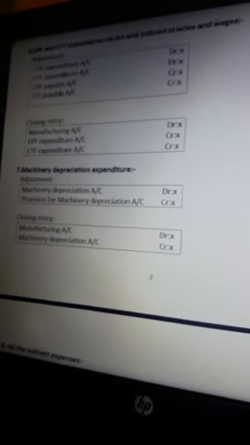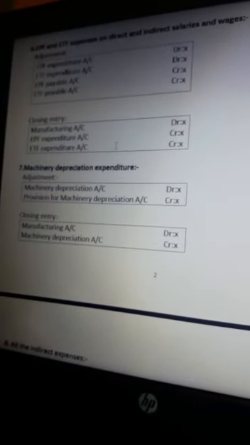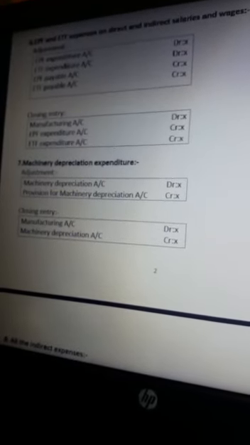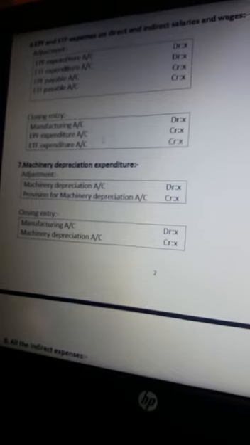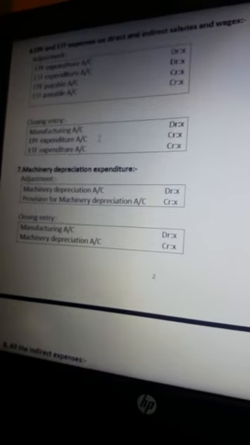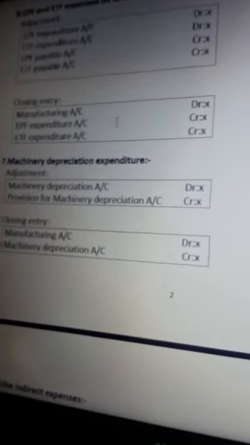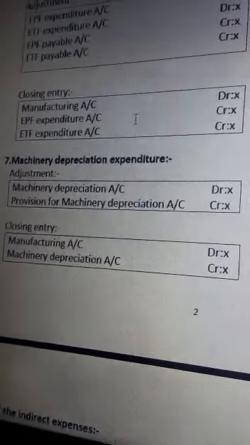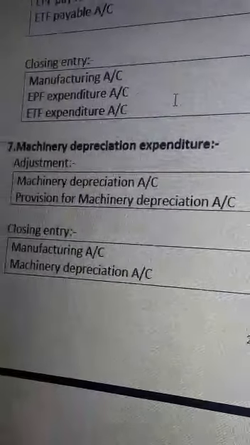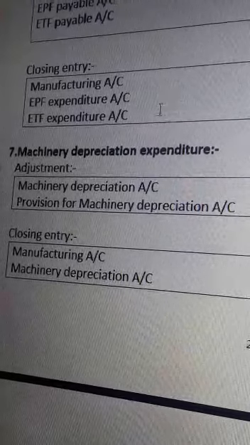Like the cost of production would increase by salaries and wages, due to the EPF expenditure and ETF expenditure also, the cost of production must increase. Therefore, manufacturing account debit, EPF expenditure account and ETF expenditure account credit, because the cost of production of the period would increase by EPF expenditure and ETF expenditure also.